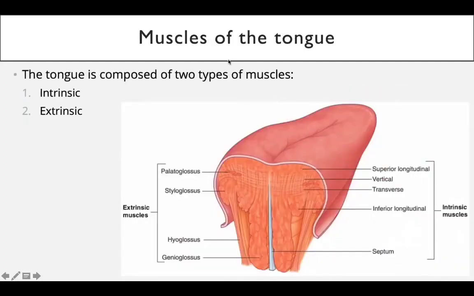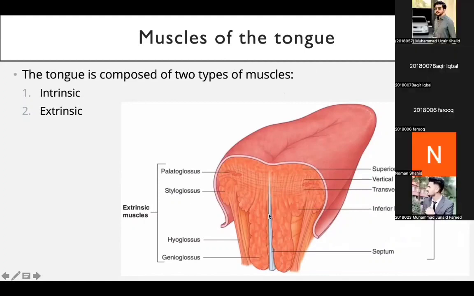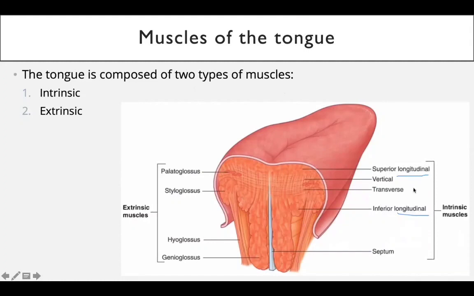Okay, so start from the muscles of the tongue. Again, quickly revision. So the muscles of the tongue, as we know, there are two types: extrinsic and intrinsic. There were three muscles, right? So there were longitudinal, superior, and inferior. Then there were cross-sectioning, two muscles, vertical and horizontal.